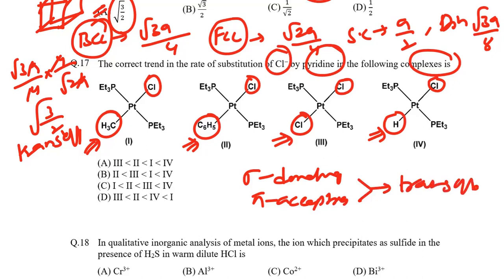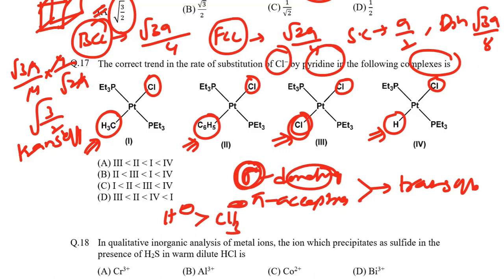Here, all the given four ligands are simply sigma donors, and chlorine is a pi donor also. But we need to consider the stronger donating ability, that is the sigma donor ability. Hydride has the strongest sigma donating ability, followed by CH3 minus, followed by C6H5 minus, followed by Cl minus.